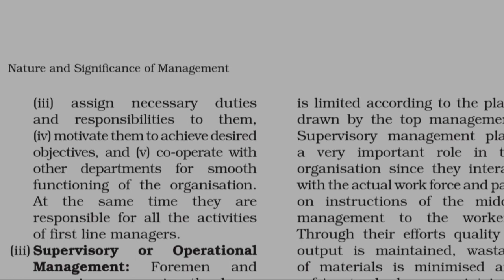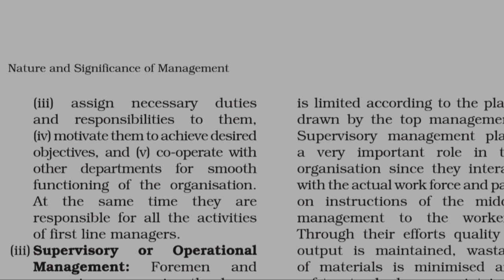Third, they assign the necessary duties and responsibilities to them. To whom do they assign the necessary duties and responsibilities? The persons working at the lower level. So they assign the necessary duties and responsibilities to the lower level people so that they can perform well. And they also motivate them for higher productivity to increase the production.